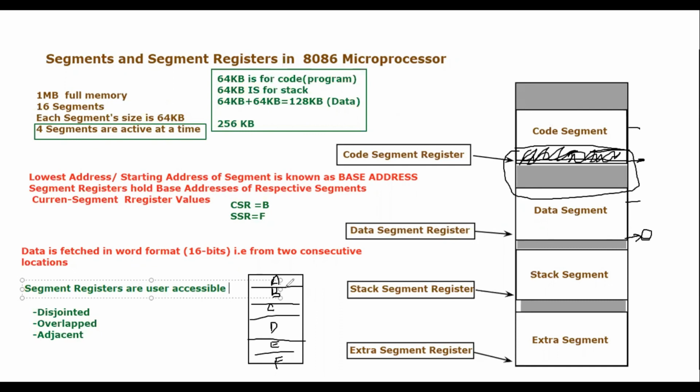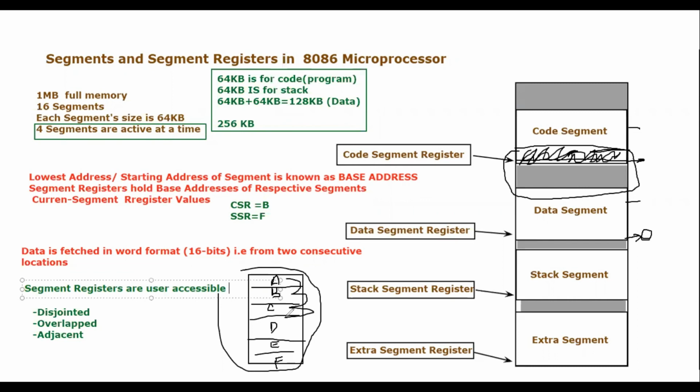That's quite relevant and easy to understand. For example, in this picture you can see A and B are adjacent, B and C are adjacent, C and D are adjacent. That means if one segment completes, the other segment will start immediately. That is what is called adjacent, or neighboring segment.